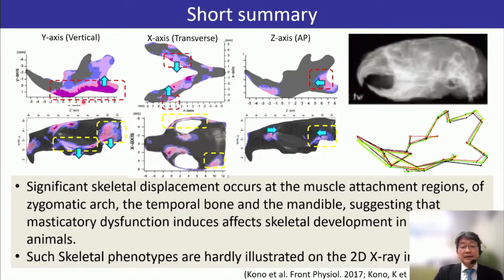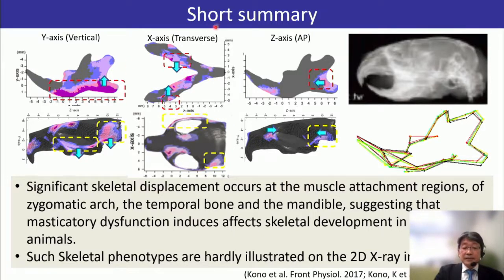And this violet color indicates the significant upward displacement of the posterior lower border of the mandible. And in the zygomatic arch regions, the downward movement was also evident, as well as in the temporal bone regions.